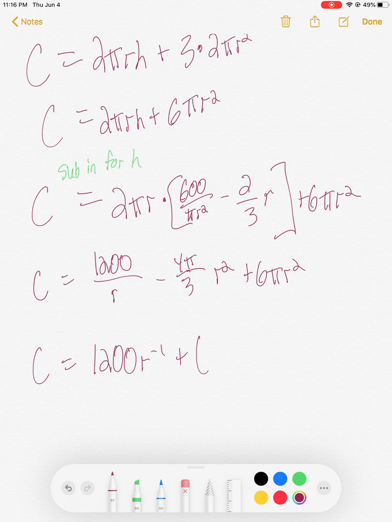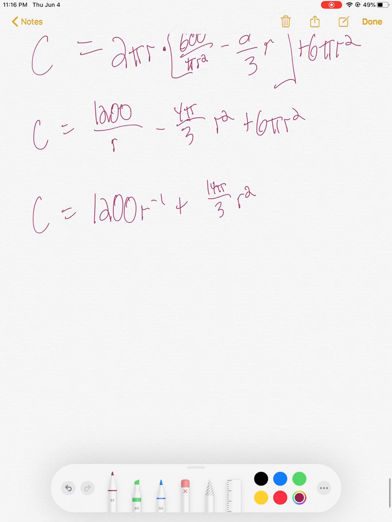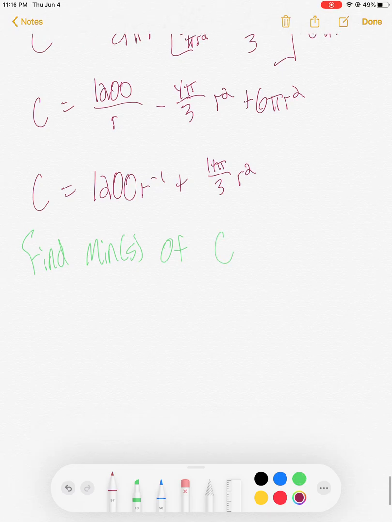Let me rewrite the first term as 12,000 r to the minus 1, which will help in a minute. Combining the constants for the r squared terms, I get 6 pi minus 4 pi over 3. That 6 pi is 18 pi over 3, so subtracting 4 pi over 3 gives 14 pi over 3 r squared. You can check my math if you need to.